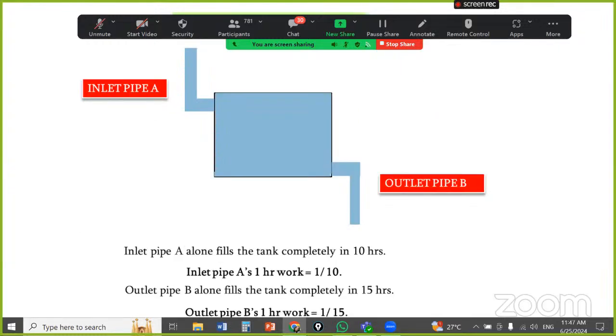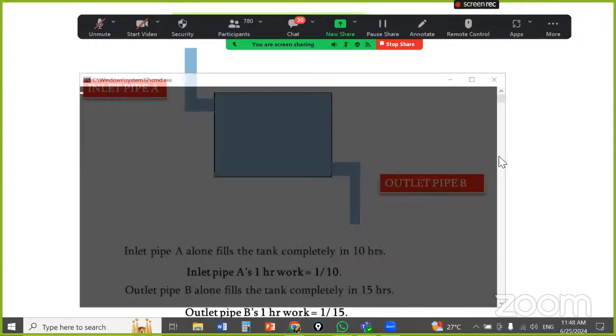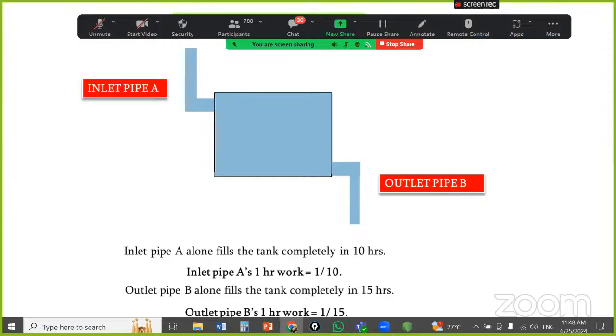And the same one is getting we have two pipes here. One is inlet and the other one is outlet pipe. So water is flowing inside the tank, another one, the water is going outside. So when the water is going outside, we'll be putting it to the negative sign. That's all. So 1/10 minus 1/5. So whenever the water comes in, it will be a positive one.